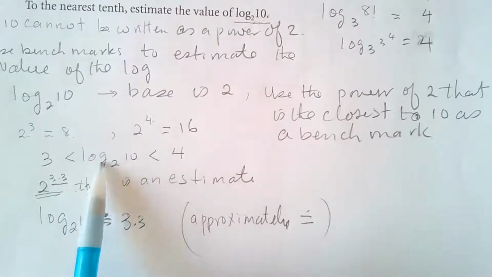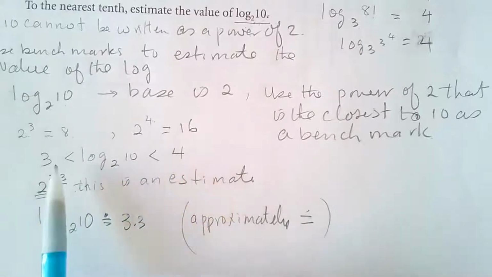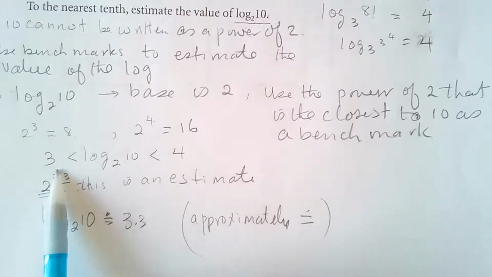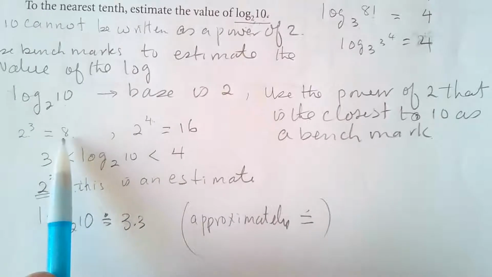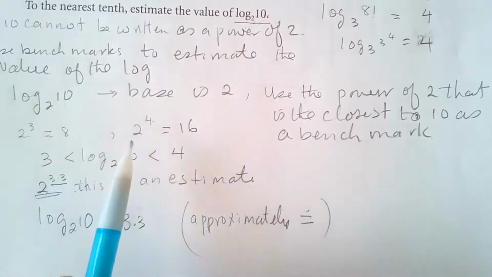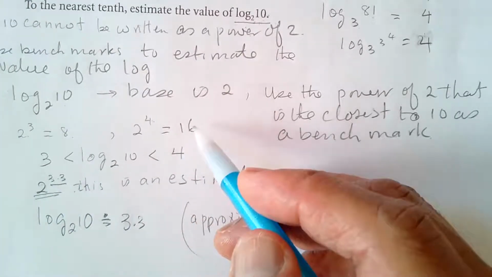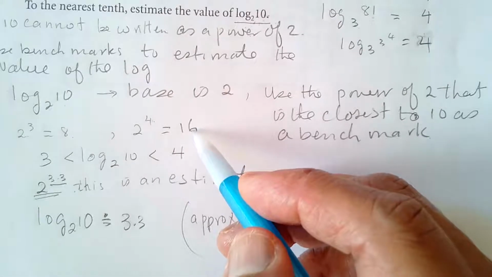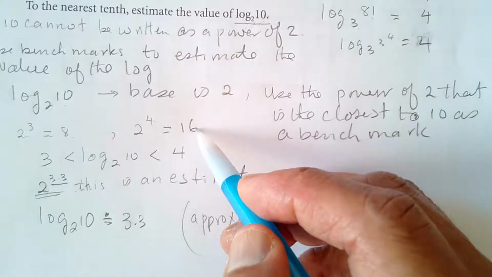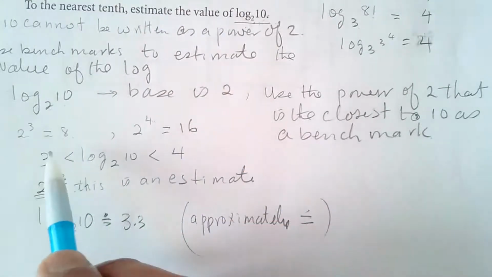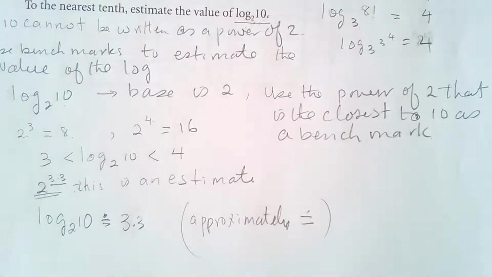Then we know that log 2 to the 10 is between 4 and 3. From here, we said that 8 is closer to 10 compared to 16, which is much farther away from 10. So we'll use 3 as our log.